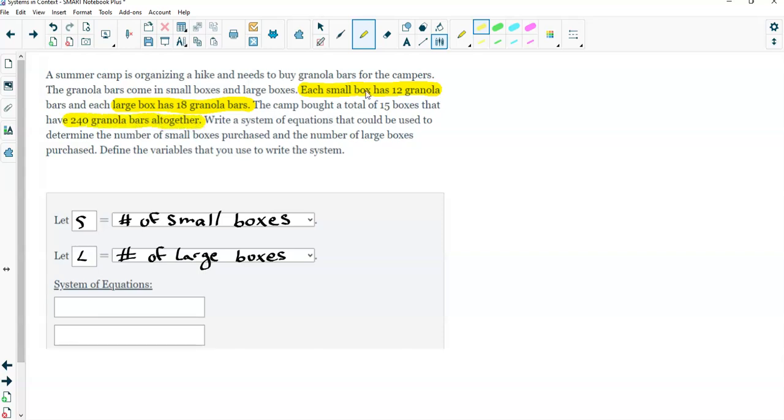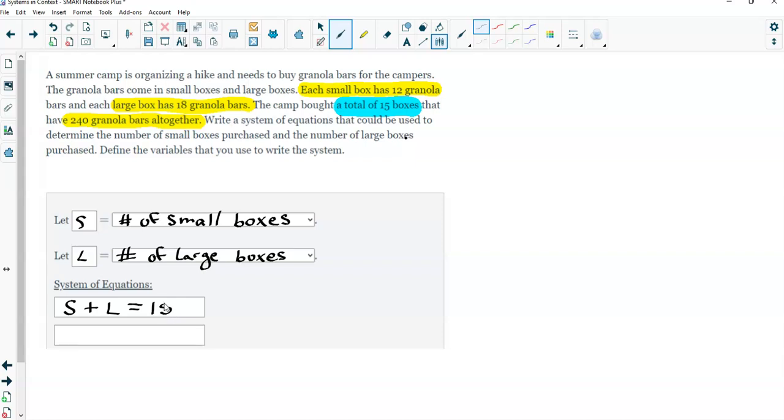It's granola bars altogether. So this deals with bars, bars, bars. However, this right here doesn't deal with bars. It deals with total boxes. So these deal with boxes. Okay. So we could create the equations by using the boxes. The boxes would be the small boxes plus the large boxes equals 15 boxes.